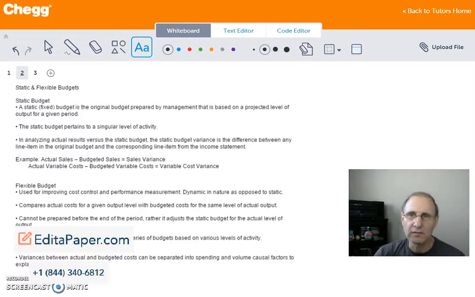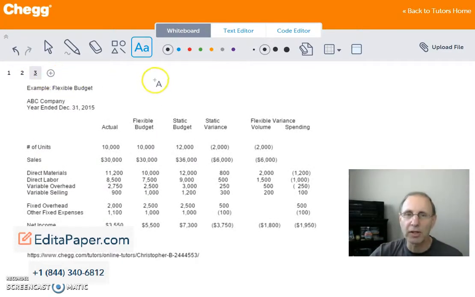When looking at the variances in a flexible budget between actual and budgeted costs, you can then separate those variances into spending and volume causal factors to give a more detailed look at the results. The best way to illustrate this is to take a look at an example of a flexible and static budget, comparing it to the actual results and computing the various variances.